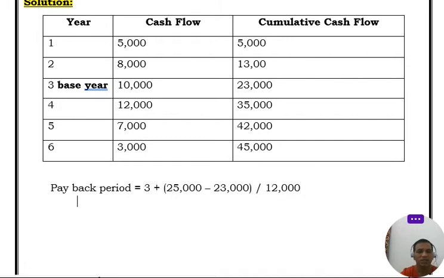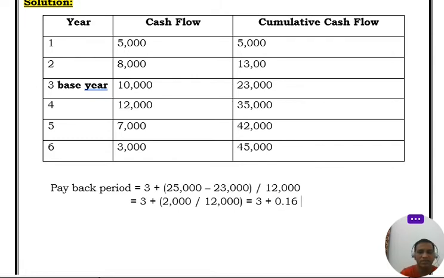Again you can solve it: equal to 3 plus 2,000 divided by 12,000. I will keep this in brackets so that you will not be confused. 2,000 divided by 12,000 equals 0.16, 0.166.